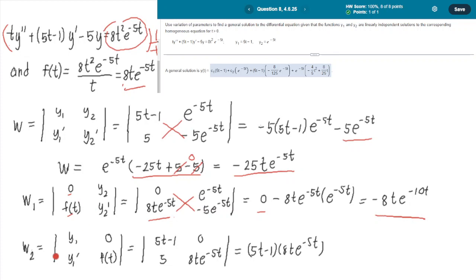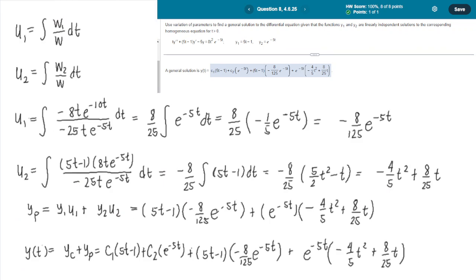Now our Wronskian sub 2, we change the second column instead of the first column. We change the first row, second column to 0, and our second row, second column to f of t. Now, finding its determinant, you multiply y sub 1, which is 5t minus 1, by our f of t, 8t e to the negative 5t, minus 5 times 0. Since this is 0, we just leave that out. This is our Wronskian sub 2.